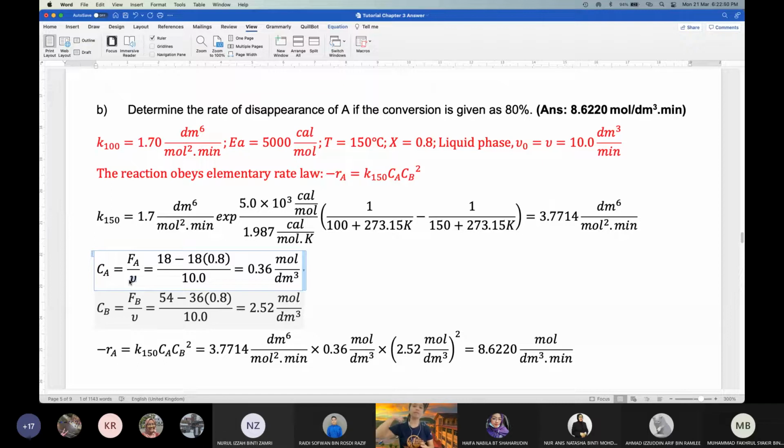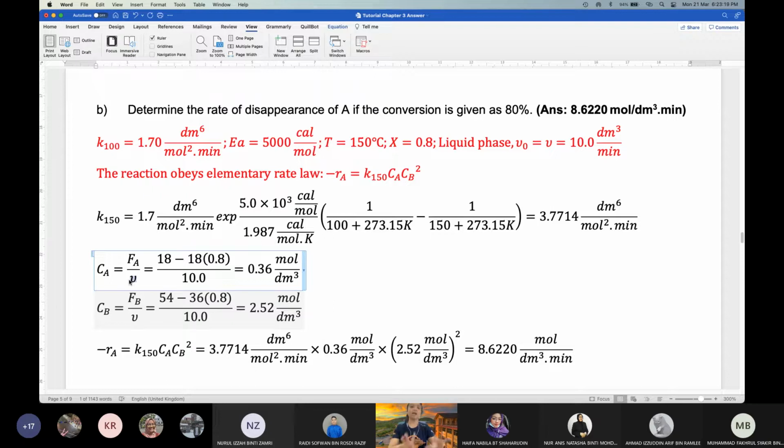Okay, so kamu dah pernah belajar kan, saya beritahu kamu, untuk liquid phase flow reactor, okay, CSTR, PFR, for flow reactor, inlet dengan outlet volumetric flow rate ni, dia bergantung. It depends on, are you talking about liquid phase or gas phase reaction? If it's liquid phase reaction, inlet outlet volumetric flow rate is equal.